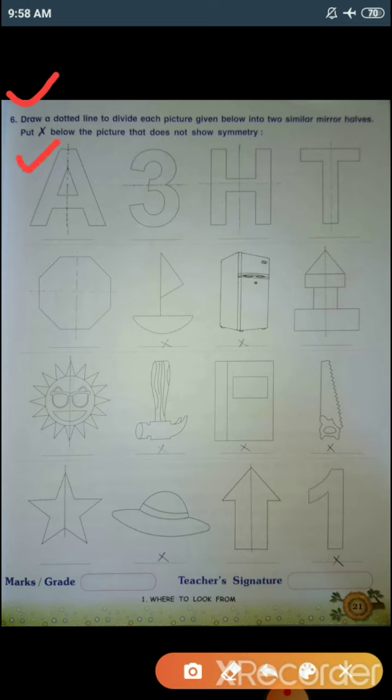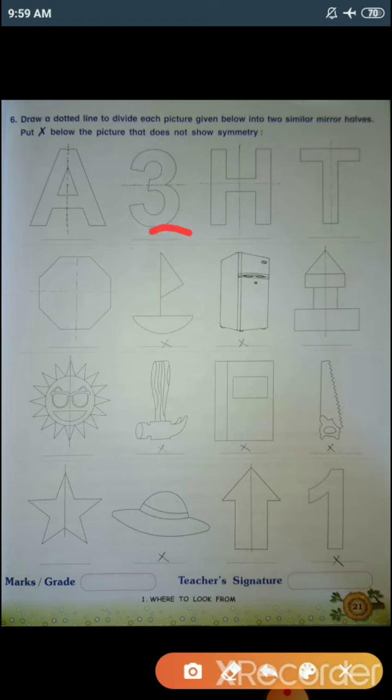In figure 1, the letter A is given. Now with the help of a vertical line, I just divide this letter into two parts, part 1 and part 2. So this letter A looks similar in both the parts. So we can say that this letter A shows symmetry. Next we'll choose this shape.